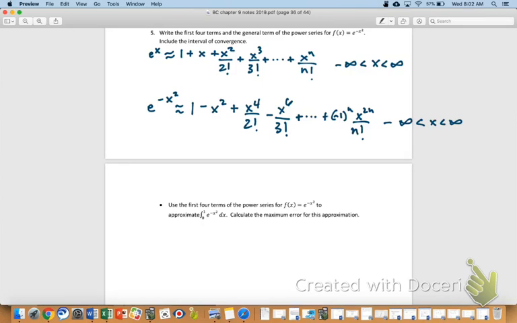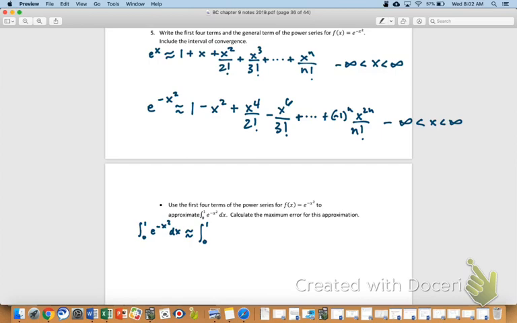Okay, let me see if we match up. Let's check this out. First thing I'm going to say is that the integral from 0 to 1 of e to the negative x squared dx is approximated by the integral from 0 to 1 of that power series that we just came up with, right?